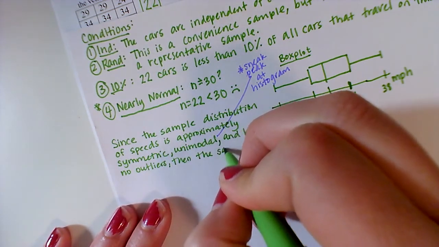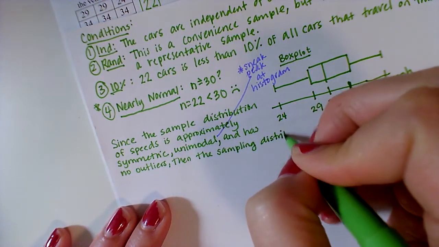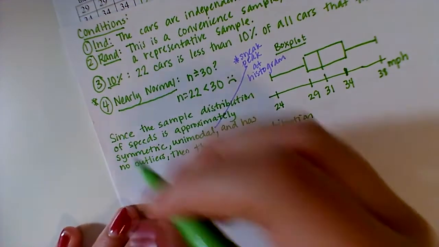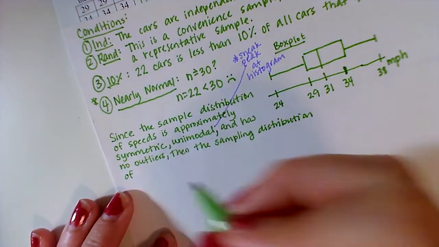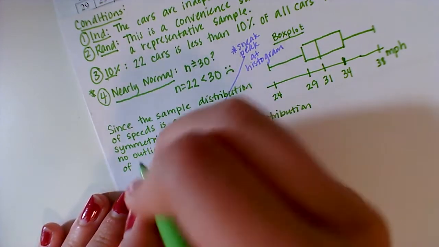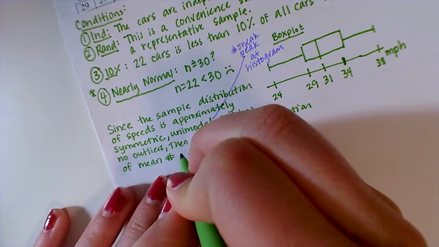Then the sampling distribution of mean speeds is nearly normal.